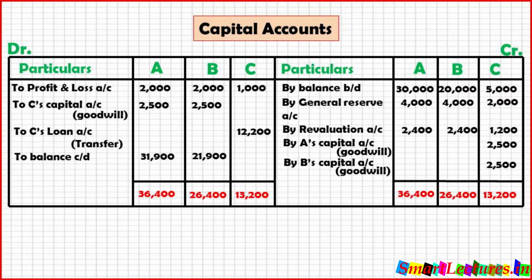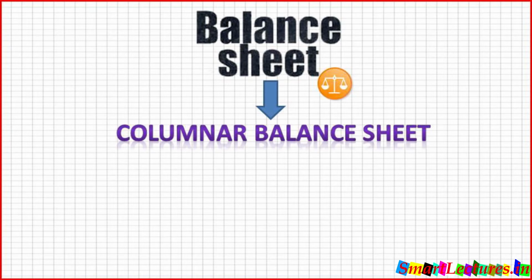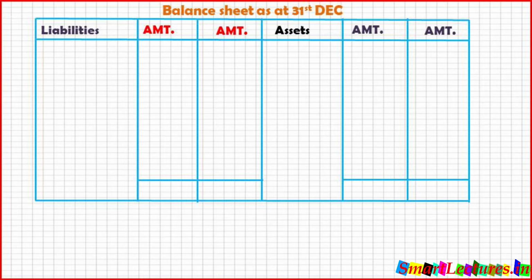Now come to the balance sheet. I am going to prepare a columnar balance sheet. This columnar balance sheet is preferred by some authors and teachers, and sometimes it is not preferred by some teachers. So I strongly advise you to follow your teacher. But for convenience, I am going to prepare a columnar balance sheet, meaning 2 columns of amounts on the left hand side and 2 columns of amounts on the right hand side.